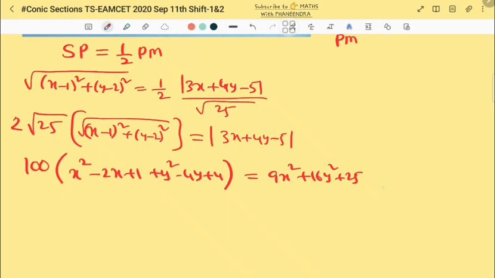2 into 3 into 4, 24xy. 2 into 5 into 4, minus 40y. 2 into 3 into 5, 30x.